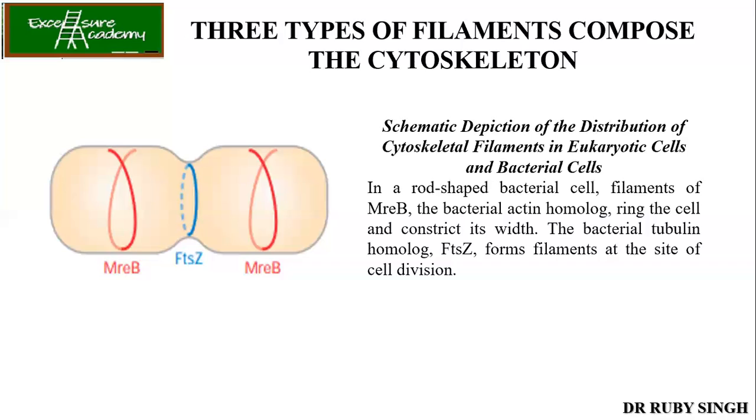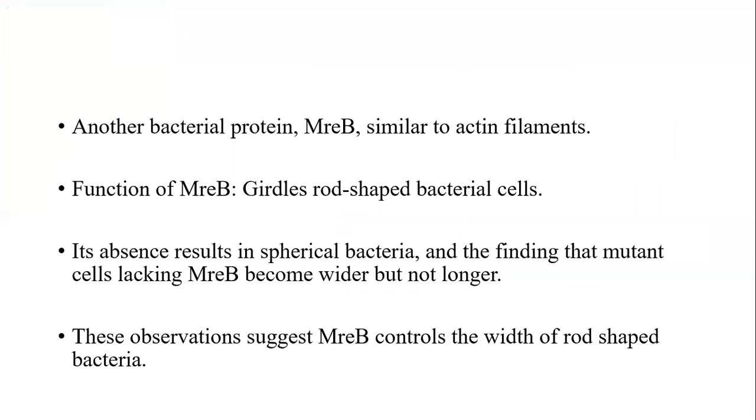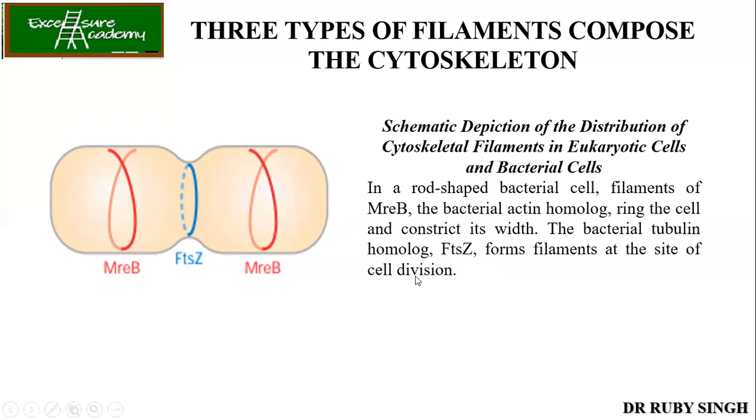Now suppose someone asks which protein determines the shape of the bacteria, then you can say it is the MreB protein. As I said, it is similar to actin filaments, so it determines the shape of the bacteria. Presence means rod shape, absence means spherical shape. This is what is explained over here in the figure also.